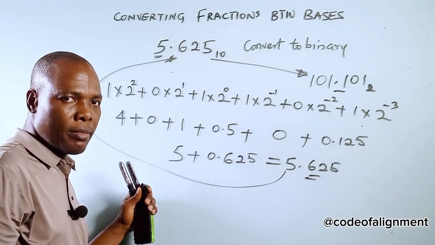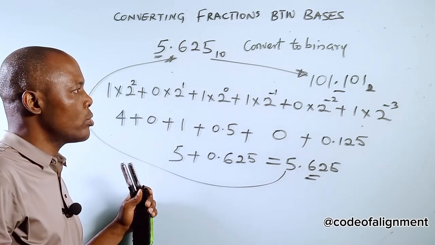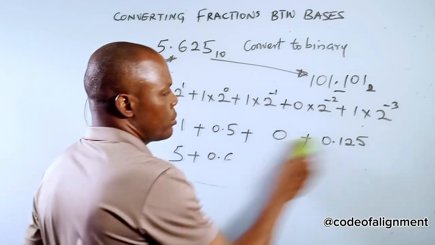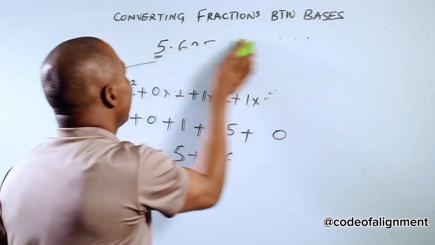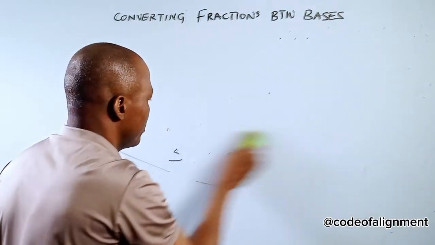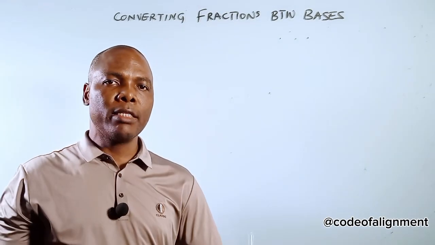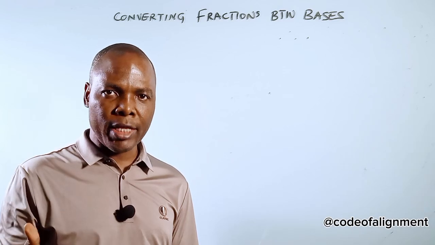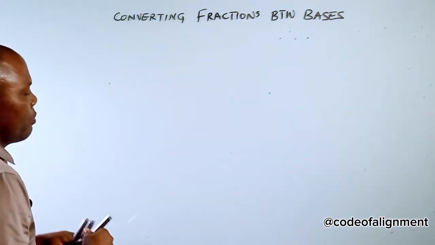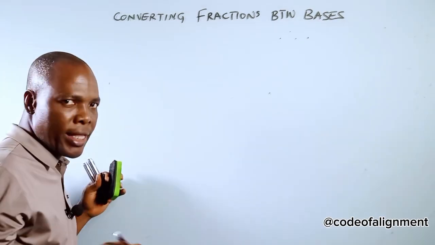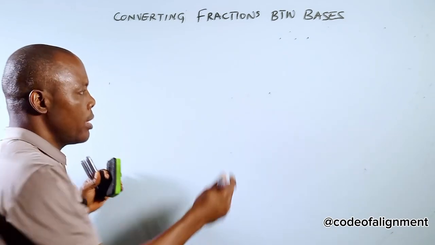Hexadecimal is the same concept we are going to use. Converting hexadecimal to binary is very straightforward and simple. Why? Because hexadecimal is dealing with 4 bits.